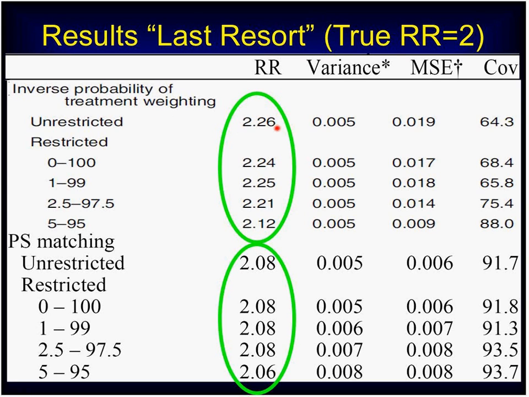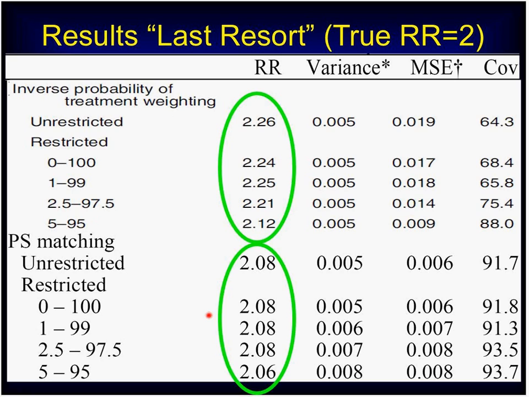This is an adjusted analysis, but the truth is 2.0, and the estimates move closer to the true value of 2 by doing this trimming within the overlapping range. This here, the 0 and 100, is the trimming for the non-overlap. Anything beyond the 1st and 99th percentile, and these percentiles is trimming within the overlapping range.